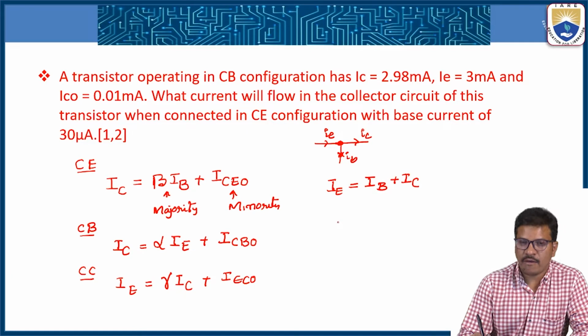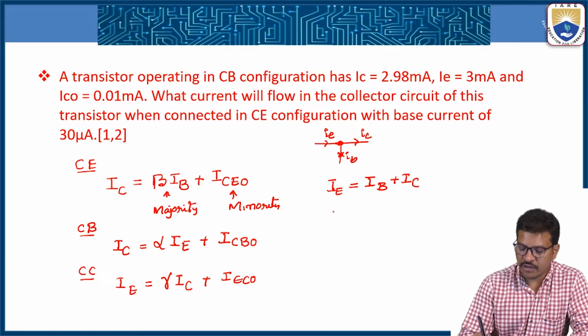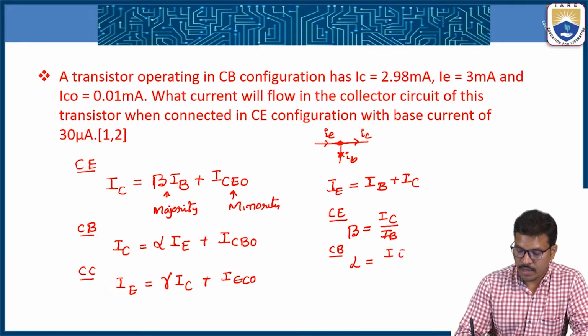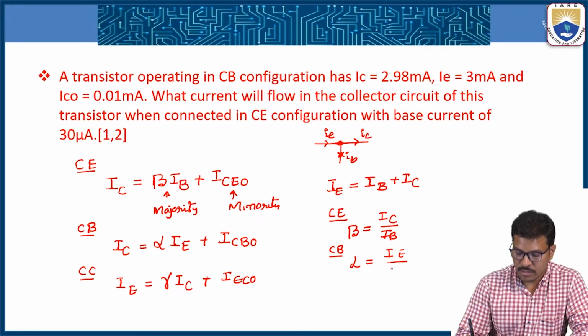And we also have current gain parameters in each configuration. In the CE configuration, the current gain beta is equal to IC by IB. In the common base configuration, alpha is equal to IC by IE.